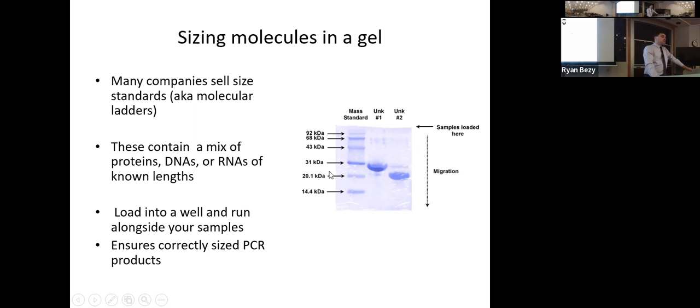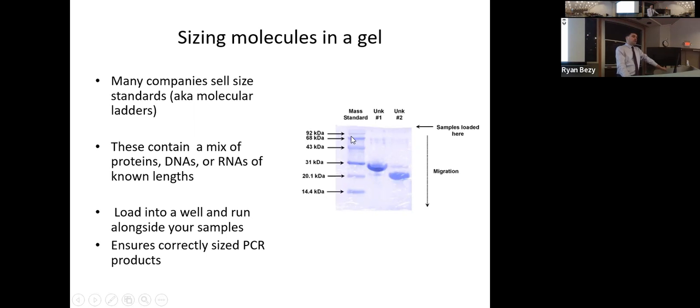It has a mixture of proteins of known sizes. So it might have a protein with a mass of 14.4 kilodaltons, another with a mass of 20.1, 31, 43, 68, 92. What it does is it just tells you, hey, we know what size this protein here is.